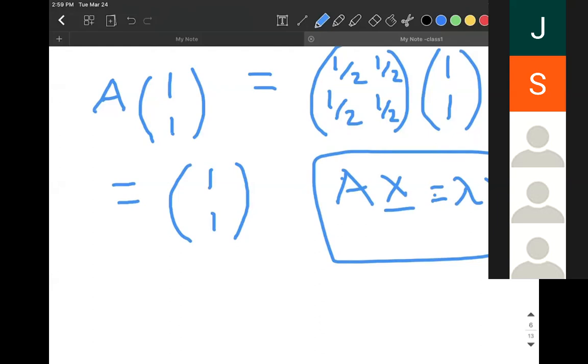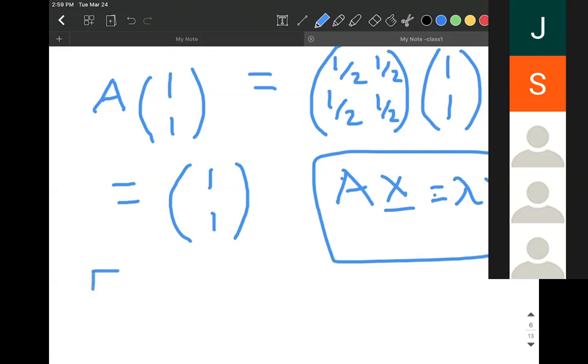Exactly. So 1 is an eigenvalue. Yes. And what about the eigenvector? Exactly. Yeah. The eigenvector is given by 1, 1.